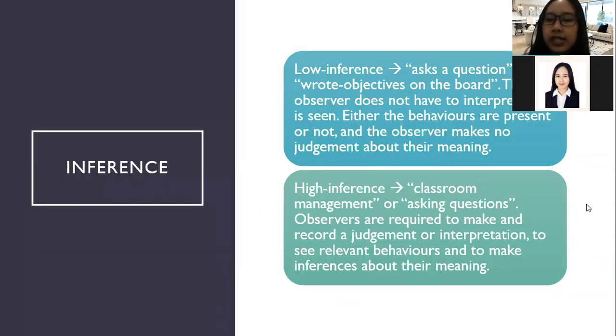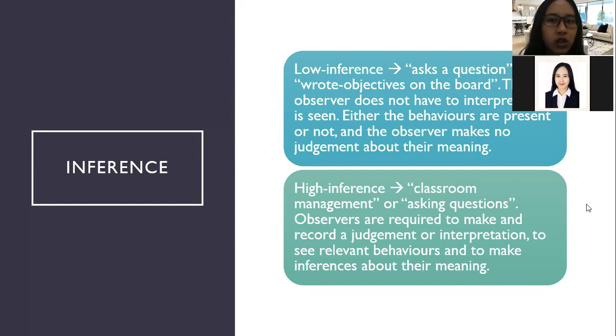There is inference, and inference is divided into two types. There are low inference and high inference. The low inference happens when the observer does not have to interpret what is seen. So either the behaviors are present or not, and the observer makes no judgment about the meaning.